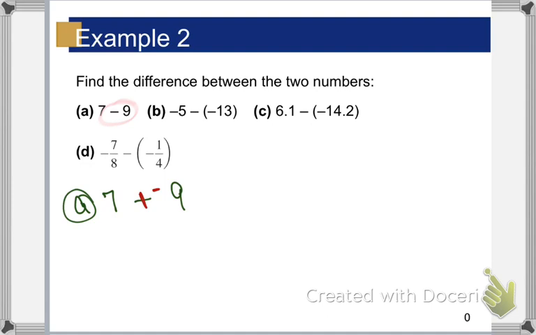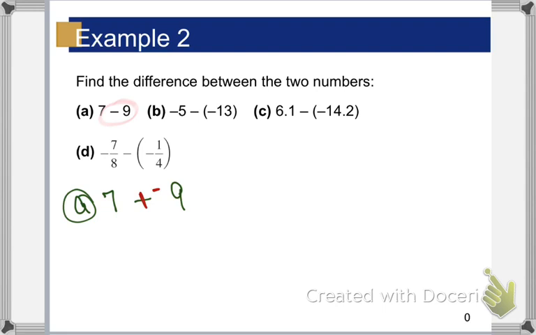As long as you keep that negative with the 9, when you start moving things around, I'm fine. But that's the danger, is that students don't keep that negative with the number that it belongs to. Yeah, it's fine.